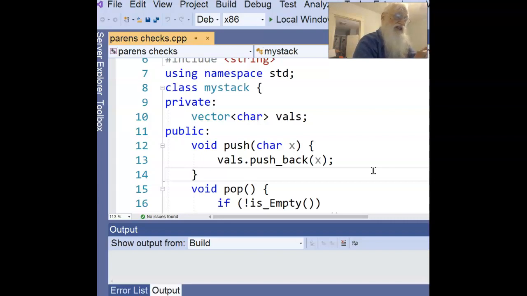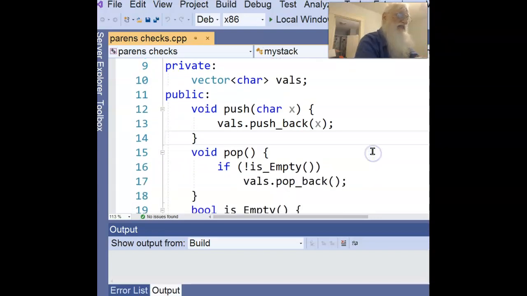The private section is the stack. I don't want anybody getting in there except through top, push, pop, nothing else. Then I'm going to have a very simple push, push back. I'm going to have a very simple pop. If it's not empty, I'm going to have the vowels dot pop back.